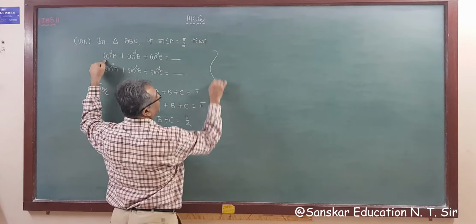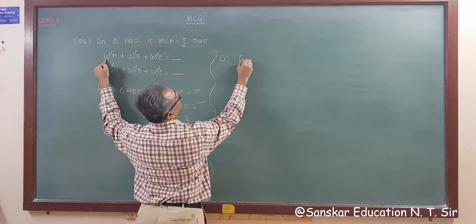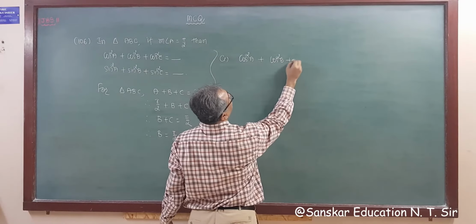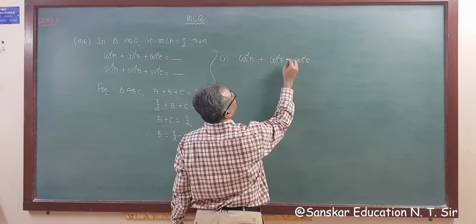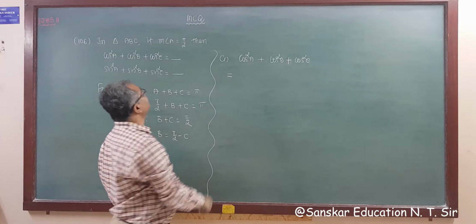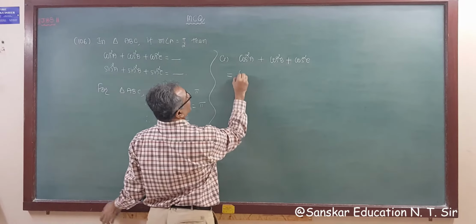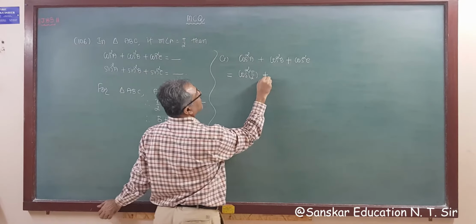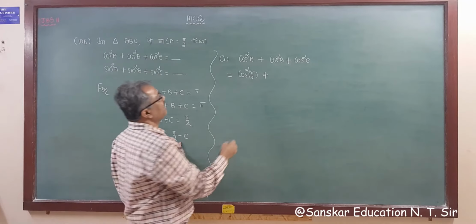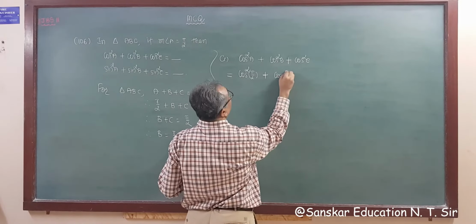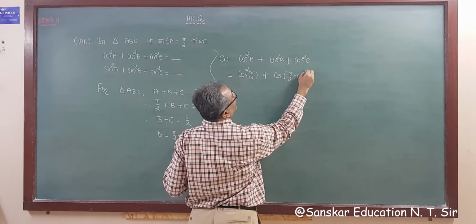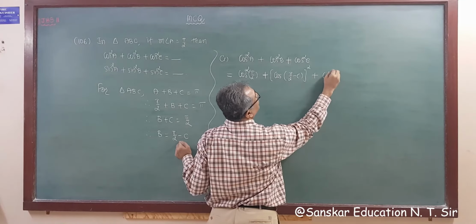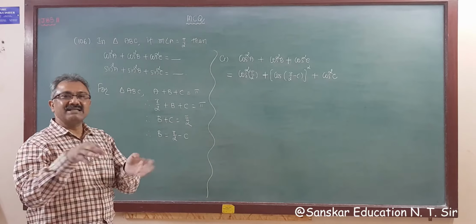So what do we get? The first question is cos square A plus cos square B plus cos square C. Now A is pi by 2, so substituting the value pi by 2, cos square pi by 2 plus, B is pi by 2 minus C, so cos pi by 2 minus C whole square, and cos square C as it is, because we don't know the changing of C. So keeping C as it is.